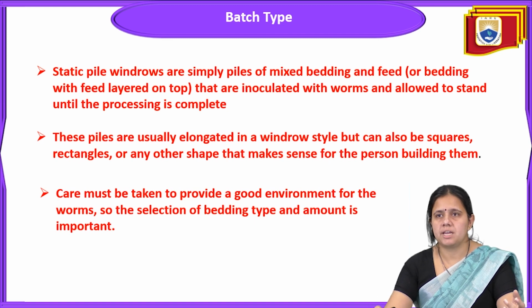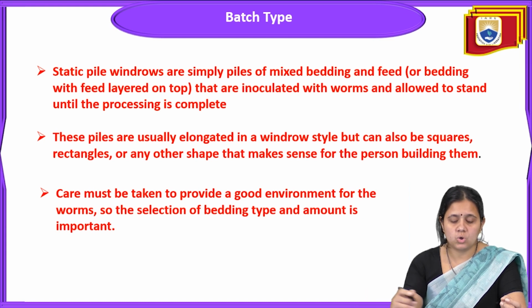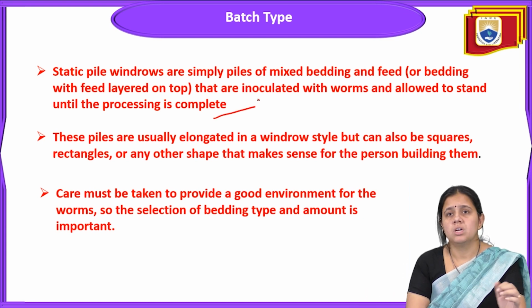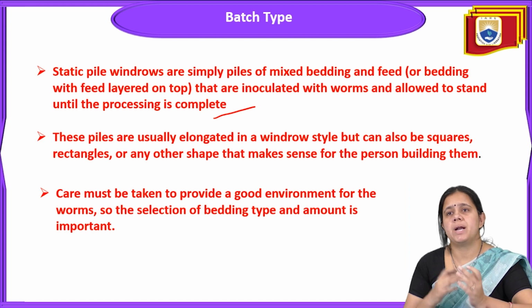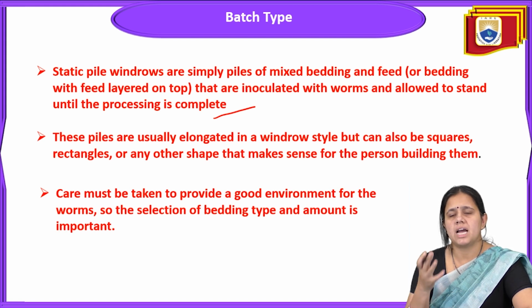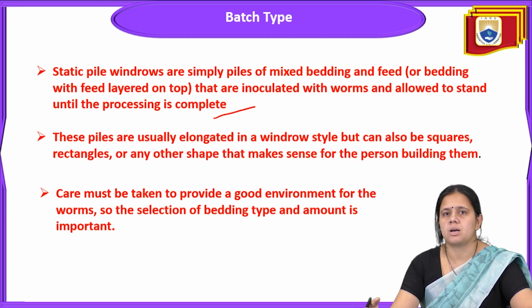Batch type is the type of vermicomposting process where static pile windrows are simply piles of mixed bedding and feed, or bedding with feed layered on top, that are inoculated with worms and allowed to stand until the processing is complete.